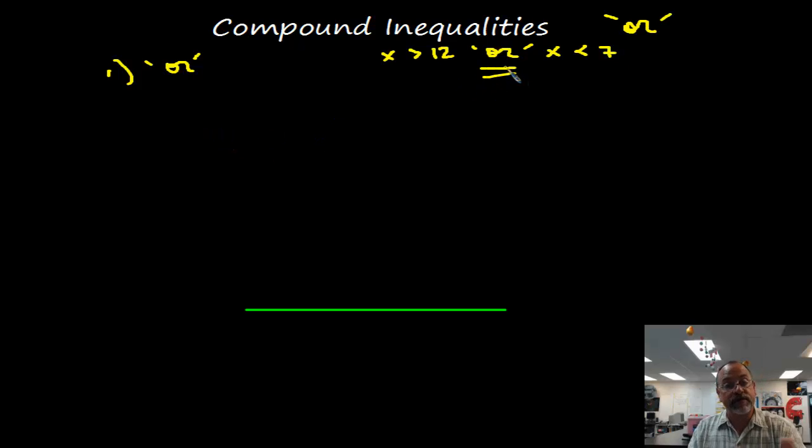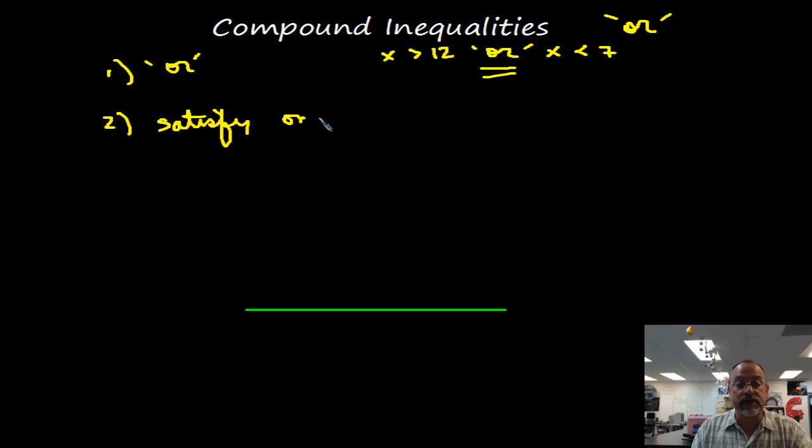So that would be one of the differences between the AND and the OR. Make sure you know that. That might be a good quiz question for me to ask you: what's the difference between an AND inequality and an OR? An AND you can make into one, where you wouldn't have to use the word AND, but with an OR you can't do that. The second thing about an OR is that the value you choose for X has to satisfy only one of the inequalities.